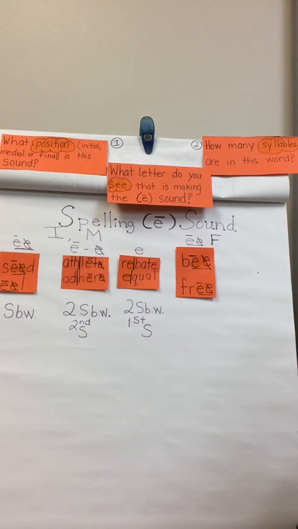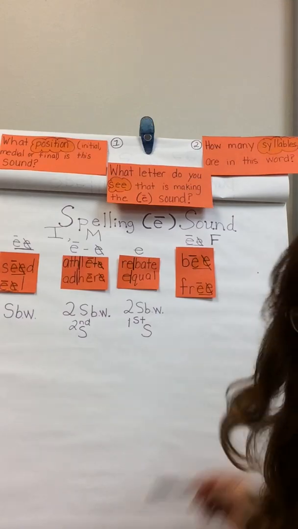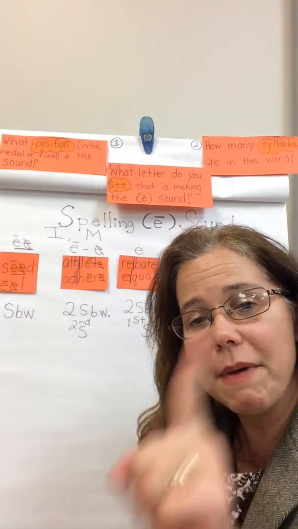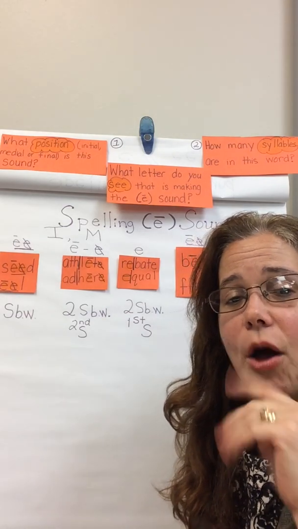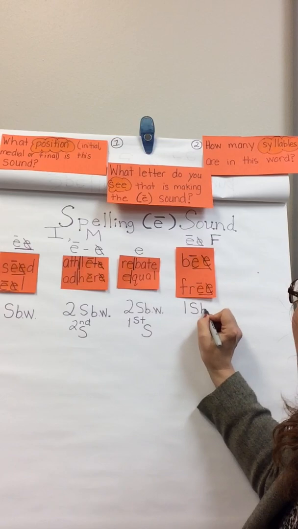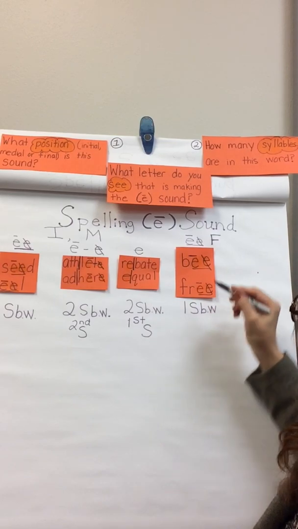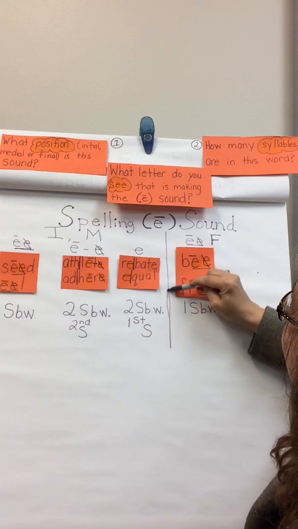Okay. Let's see our last question. How many syllables are in this word? Well, in be, I open my mouth one time. Next word. Free. Open my mouth one time. These are one syllable base words. And you know what? I'm going to divide this big line down the middle.